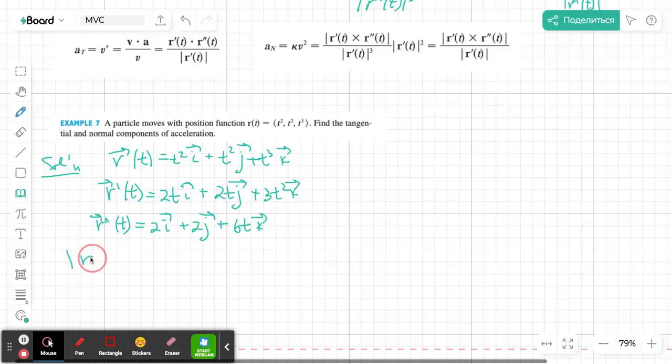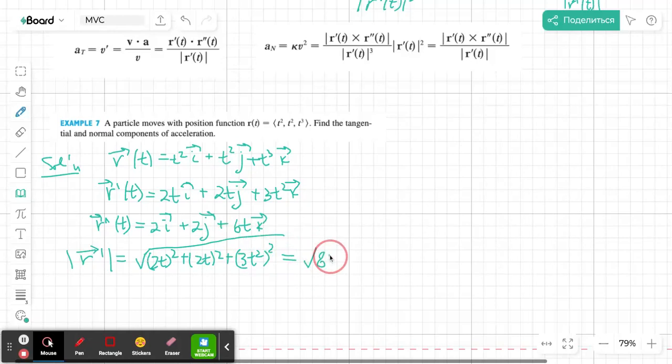Another thing that we will need is the magnitude of the derivative, which is the square root of (2t) squared plus (2t) squared plus (3t squared) squared. If we simplify that, we get the square root of 8t squared plus 9t to the power 4.